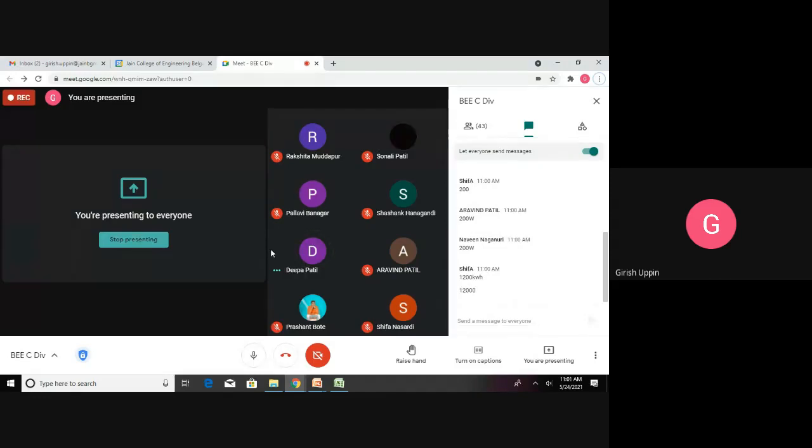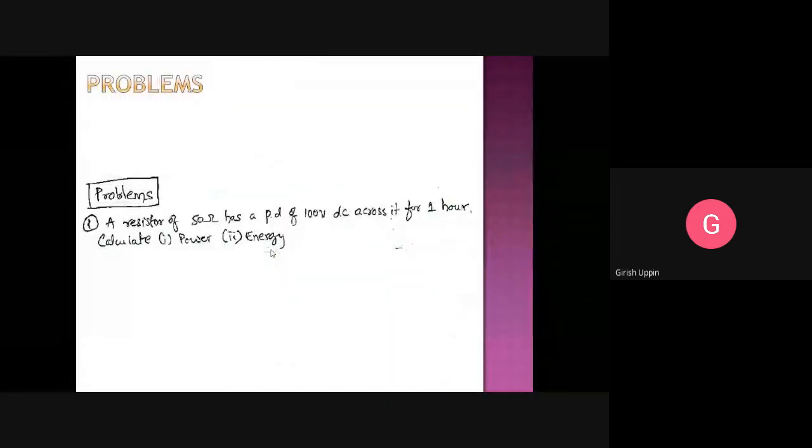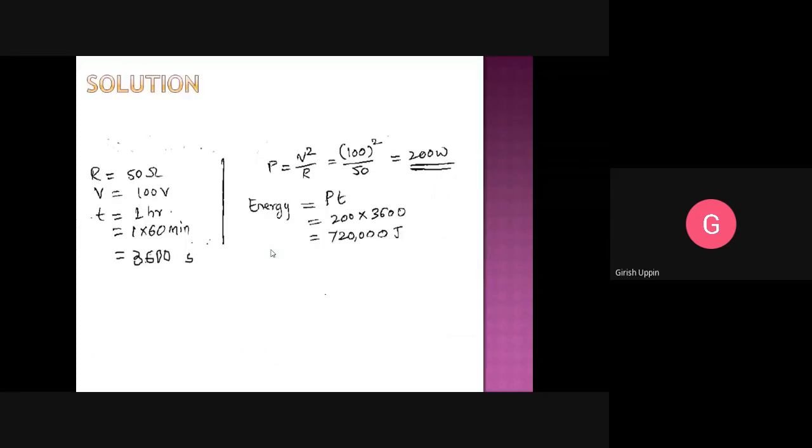It would become seconds. You can choose to represent energy as watt hour, watt second, or kilowatt hour. Here it is represented as joules. That is fine. 1 hour is there, so 60 minutes, 3600 seconds.